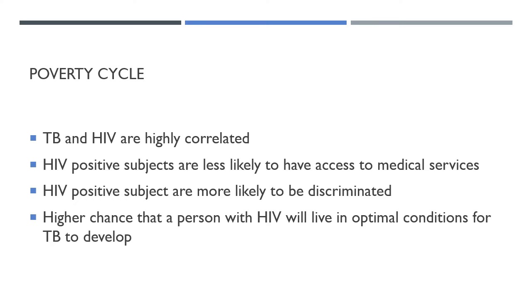We know from studies that HIV positive people are more likely to have limited access to medical services, and they're also more likely to be discriminated against, be it in the workforce or just in general. So if people don't have jobs and don't have access to medical services, they're more likely to live in poverty and in poor conditions. Therefore, these are optimal conditions for TB to develop.